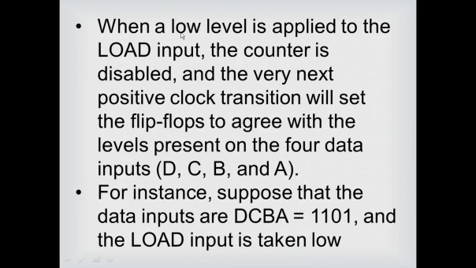So, when a low level is applied on the load input, the counter is disabled, and the very next positive clock transition will set the flip-flops to agree with the level present on the 4 data inputs DCBA. For instance, suppose that the data inputs DCBA are equal to 1101 and the load input is taken low.